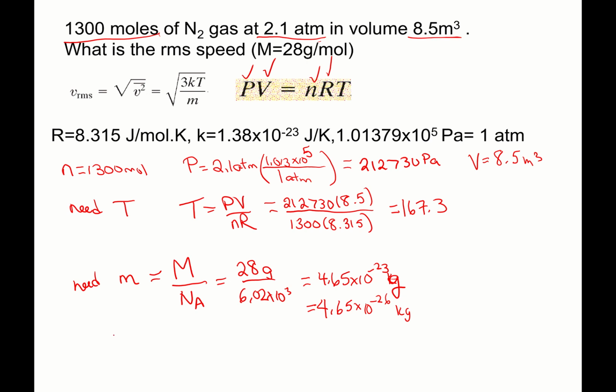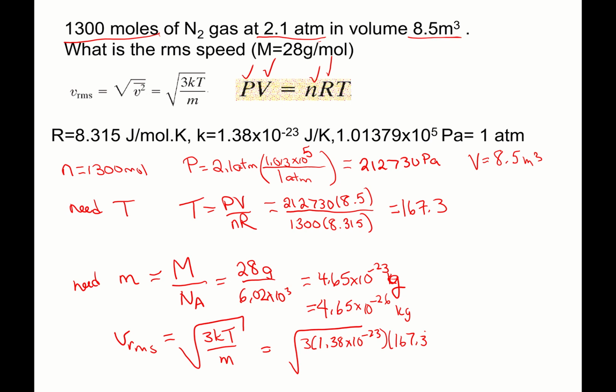Now I can just plug in that my v RMS is the root of 3kT over m. So root of 3, k is Boltzmann's constant, 1.38 times 10 to the minus 23, T is 167.3, and m is the molecular mass, not the molar mass, that really small number, 4.65 times 10 to the minus 26.